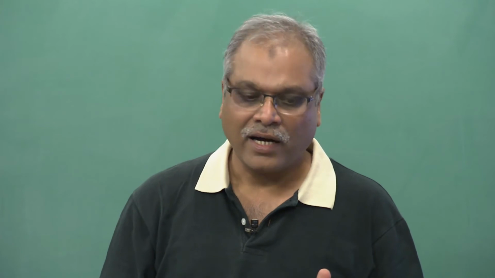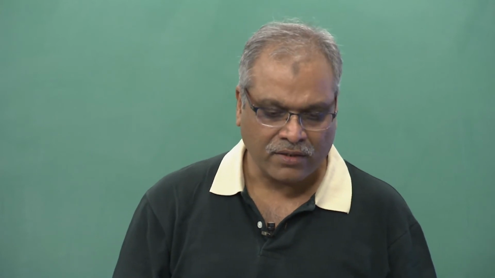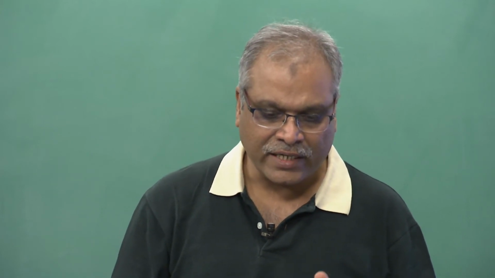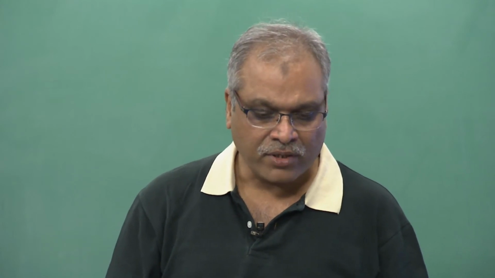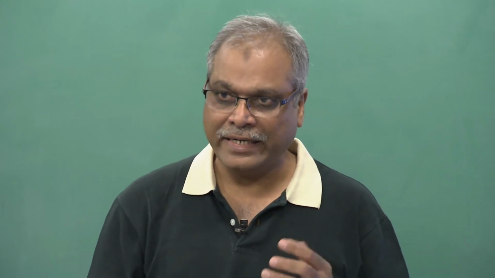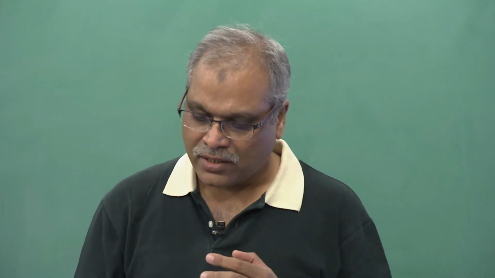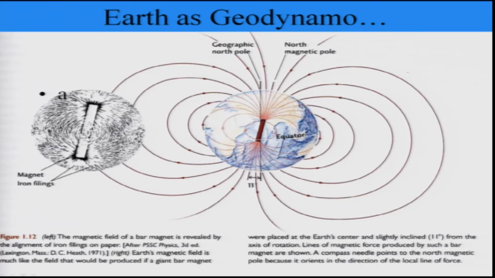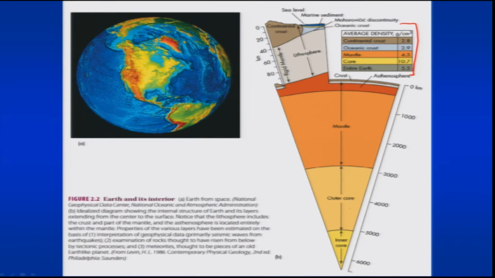This is one of the reasons why we have shielding of our biomass from the harmful radiation coming in. This comes from the interior of Earth, and it is given by the outer core. The outer core is responsible for generating the strong magnetic field of the Earth.